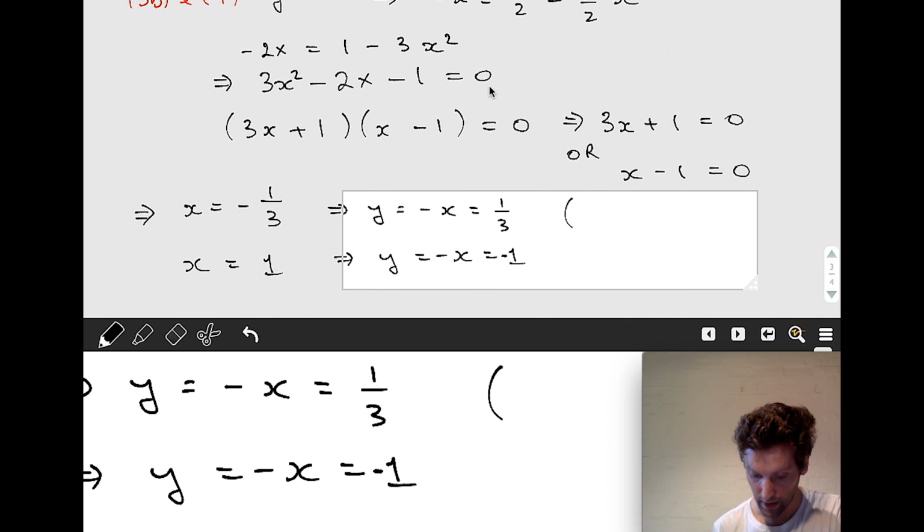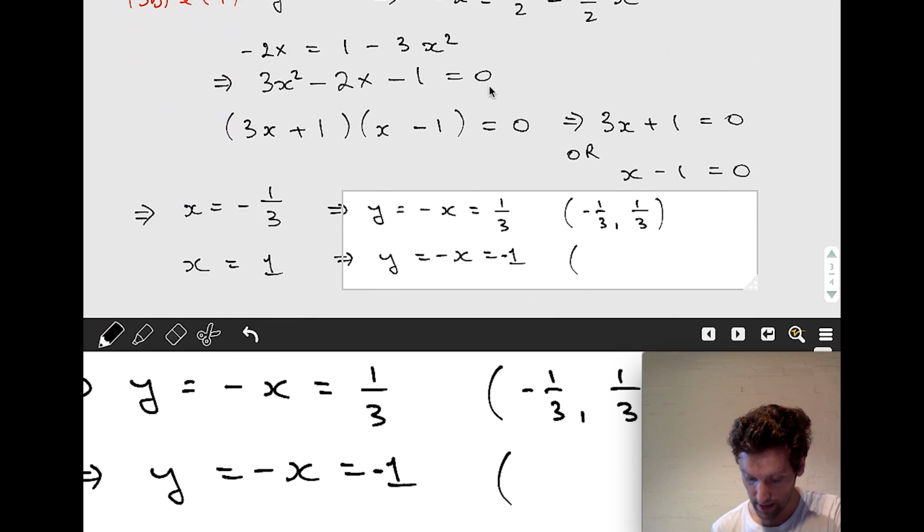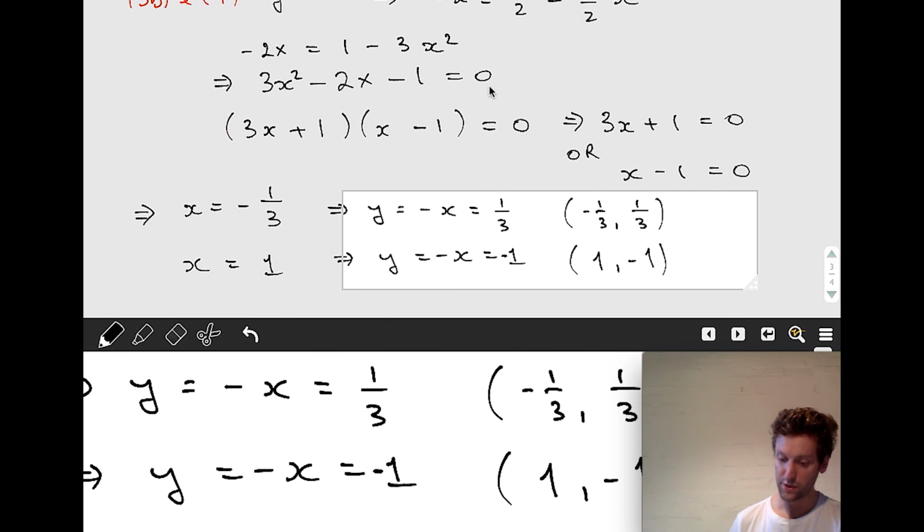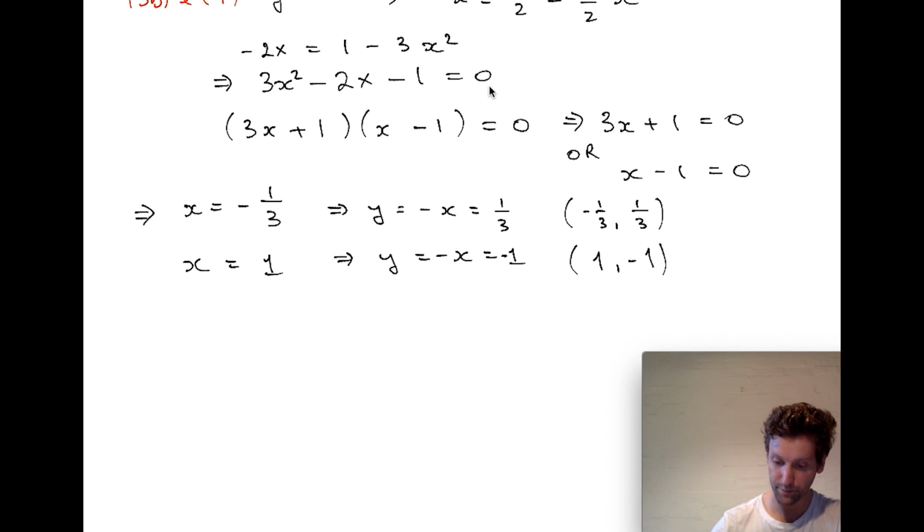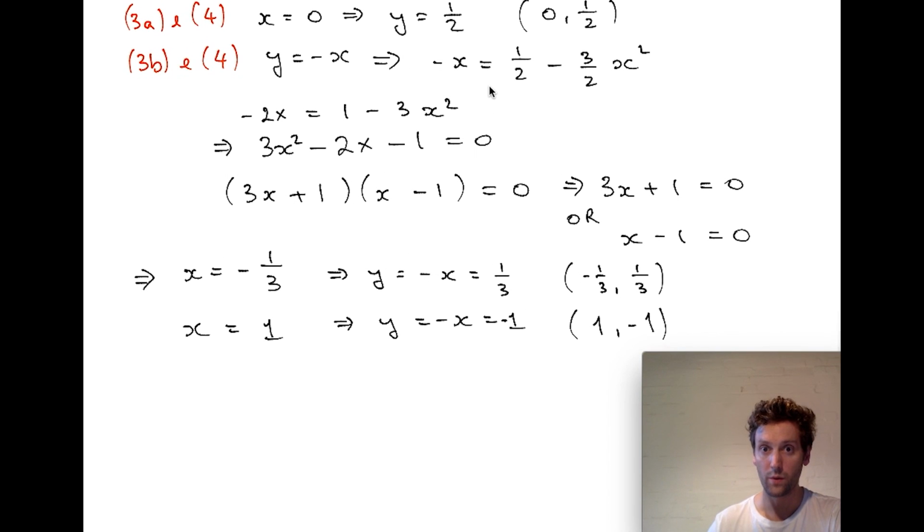We've got x is equal to minus a third, y is equal to a third, and x is equal to 1, y is equal to minus 1. So we have 3 points, (0, 1/2), (minus 1/3, 1/3), and (1, minus 1).